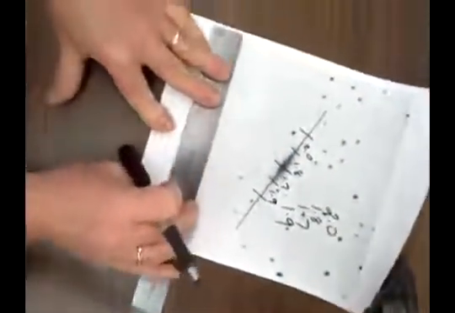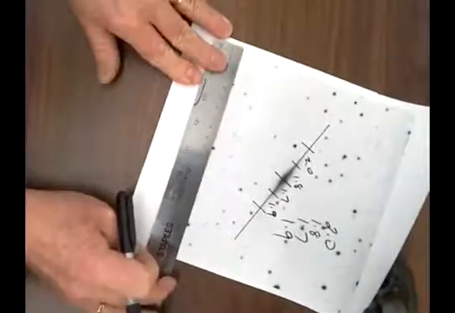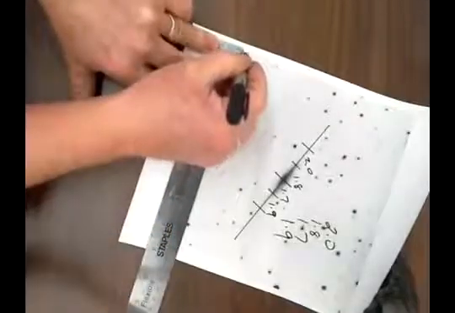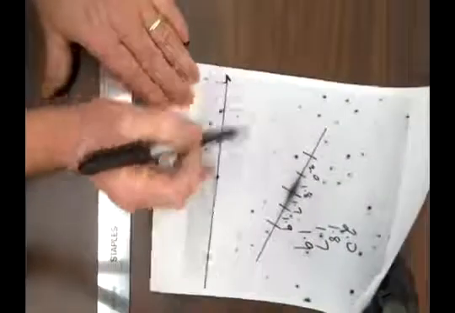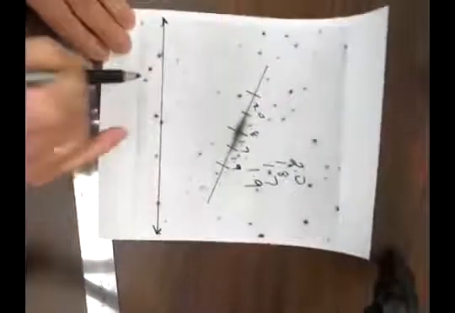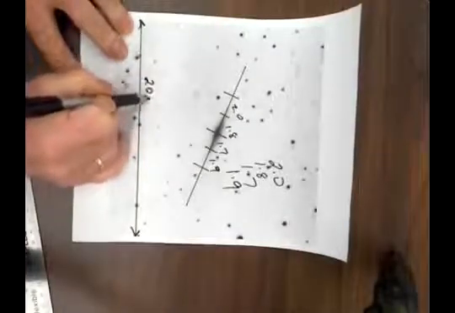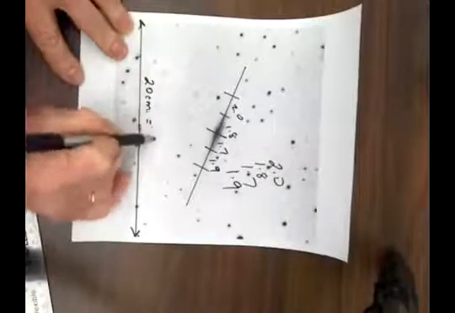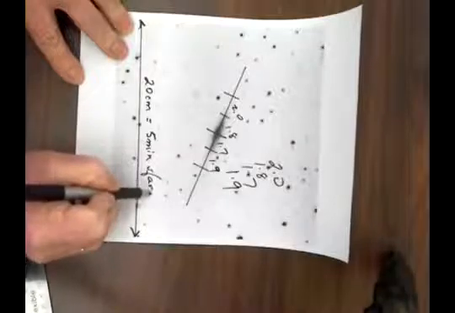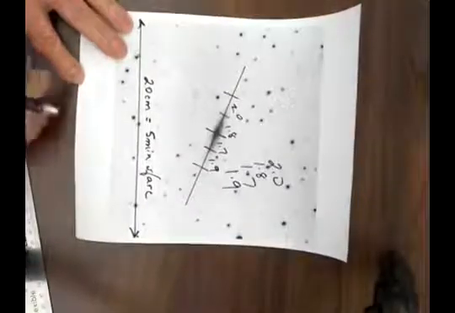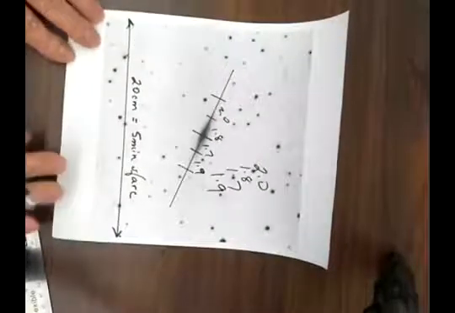Very close. This distance is again 20 centimeters, which is equal to 5 minutes of arc. And that's what we need. Now we need a velocity profile, and then we can find the distance to this galaxy.